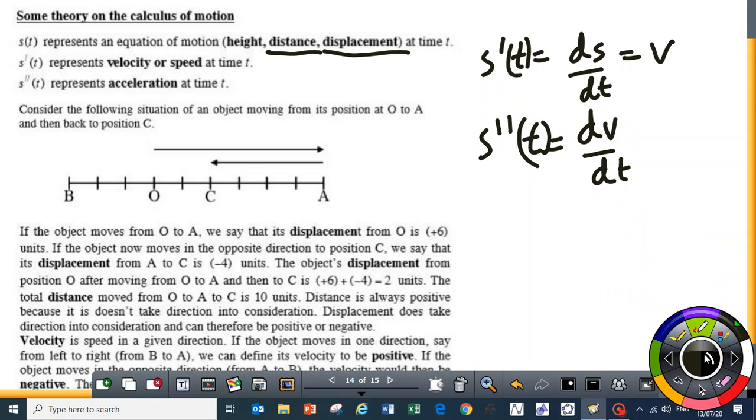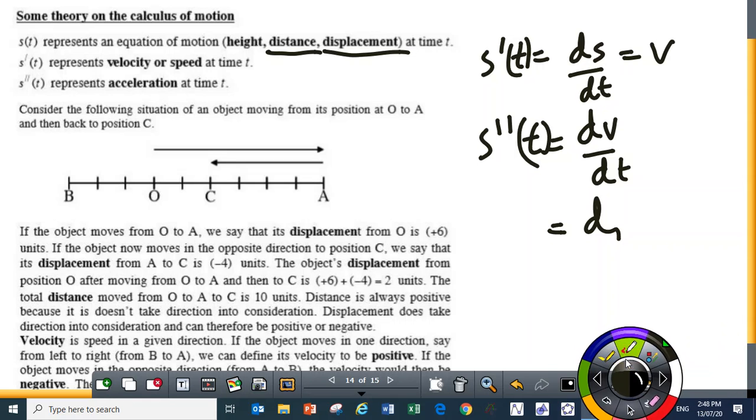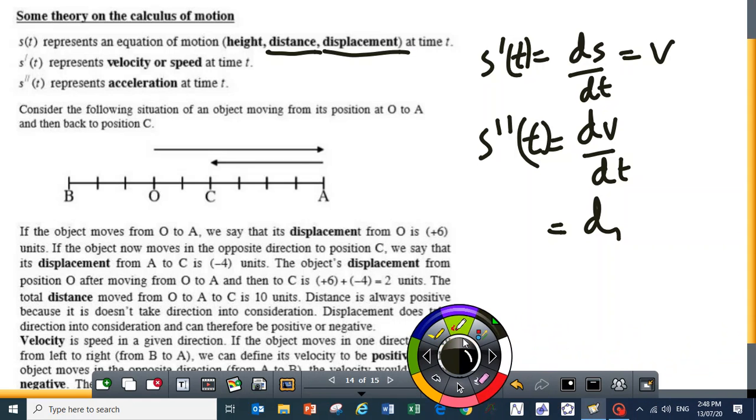We can write that using ds, that's d over dt of ds over dt.